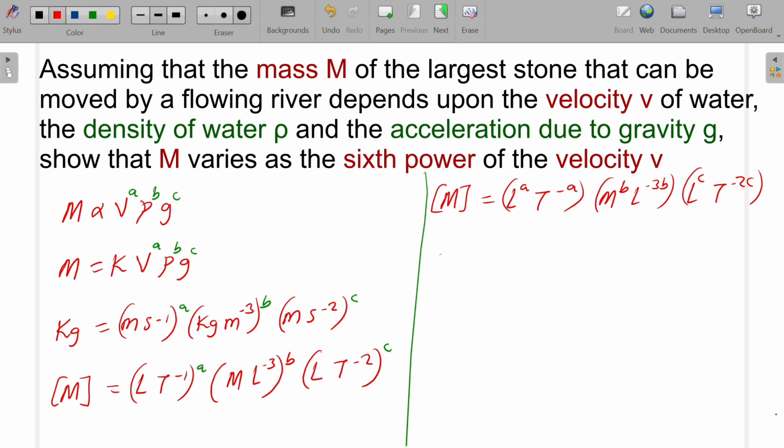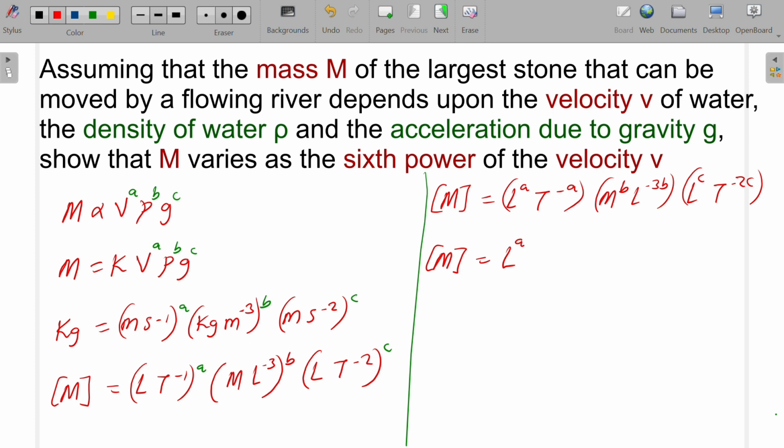So on the left hand side, we still have our m like that. Then on the right hand side, L in the first box, this L here is going to multiply by that L and multiply by this L. So what we'll have for L is L to the power of a, since the powers are going to add.